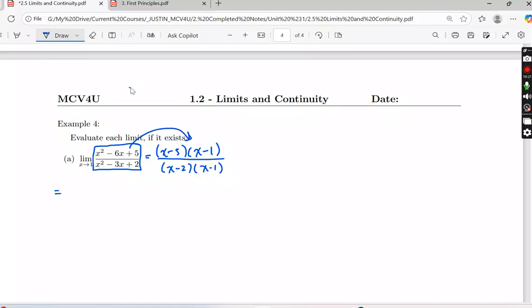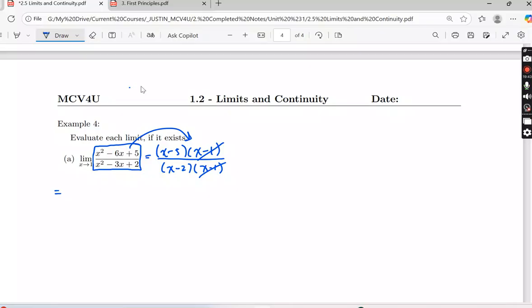I'm not going to go through it in this video. But if you were to factor it, you would get this numerator and this denominator. You'll notice that the x minus 1s will cancel out, okay? Which tells us that there's a hole at x equals 1. And algebraically, if you were to sub in the 1 there, 1 minus 1 in the denominator would give you a 0, which again is not possible, okay?